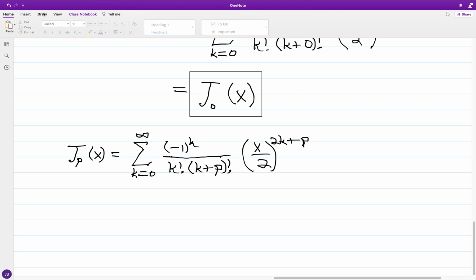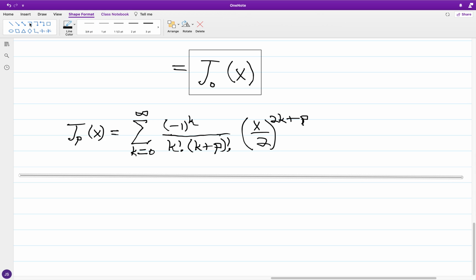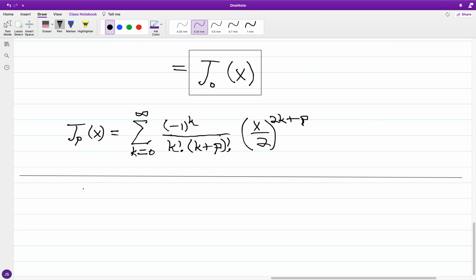Let's say we have another equation: x squared y double prime plus xy prime plus the quantity x squared minus 4 times y is equal to 0.